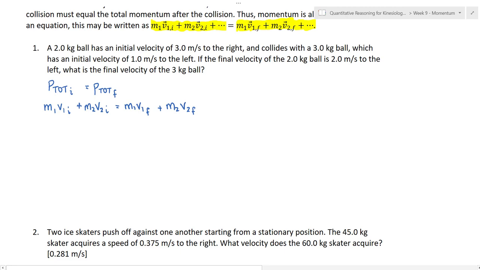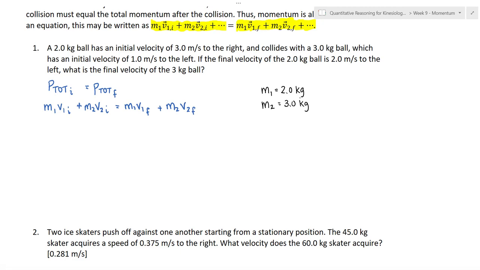All right, so on the side, let's write down what do we know about these objects. So I have a 2 kilogram ball and a 3 kilogram ball. So I'm going to say mass 1 is the mass of the 2 kilogram ball, which is 2 kilograms. And mass 2 is the mass of the second ball, which is 3 kilograms. All right, so now we have the initial velocities of each of them.